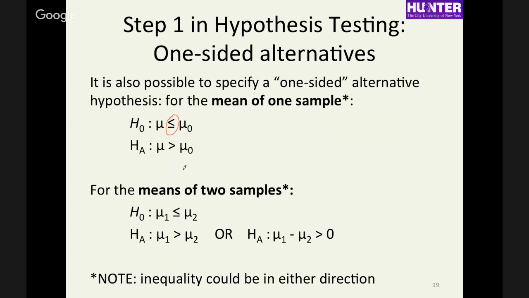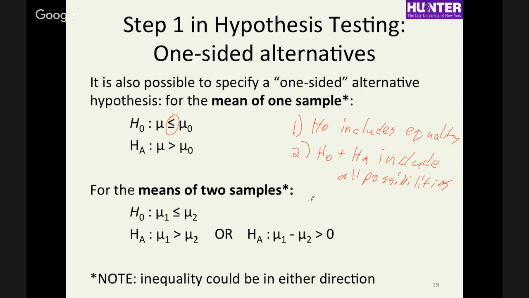But the two key points here are that 1, H0 includes the equality, and 2, H0 plus HA include all possibilities. And 3, there is an inequality.